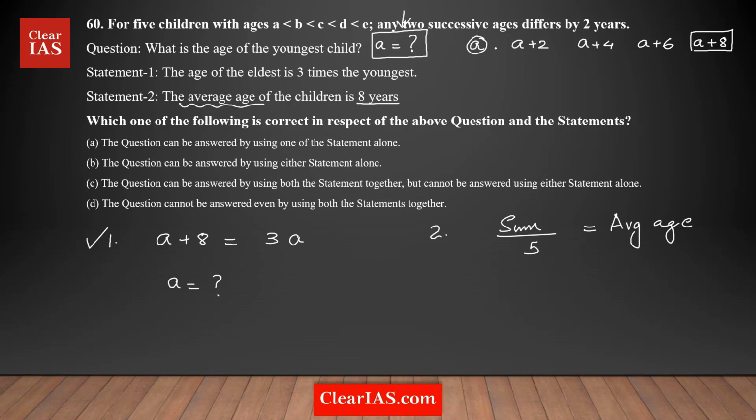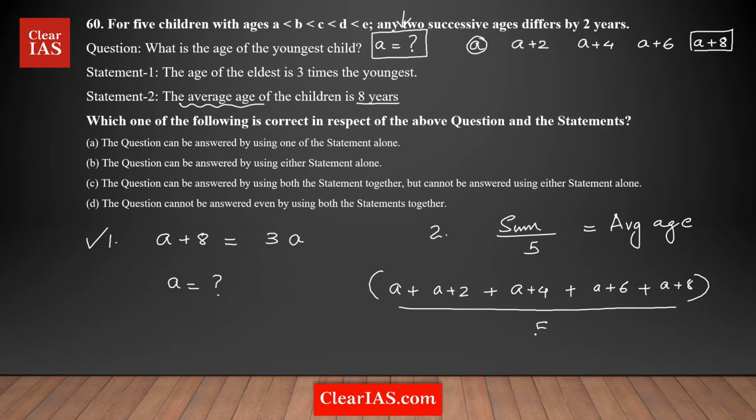The sum is nothing but adding all these values: A, A plus 2, A plus 4, A plus 6, and the eldest is A plus 8. So the sum divided by 5 is equal to the average age, which is 8.